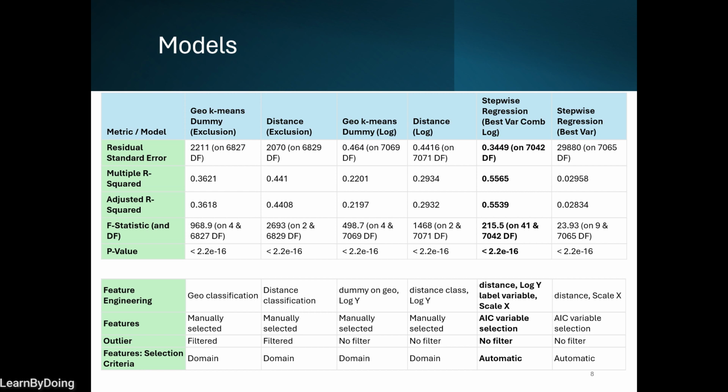As you can see here, traditionally we use adjusted R square as the fit, okay, to see if the model is fitting well to the data. So by this sense, 55% of the accuracy on the stepwise regression, using the AIC procedure to choose the best variables.